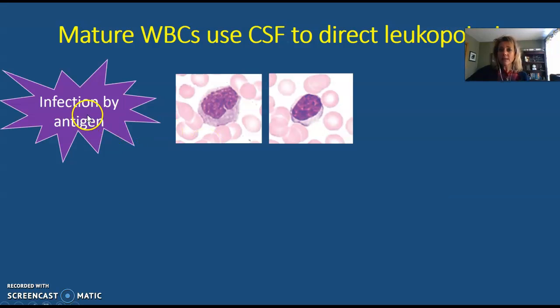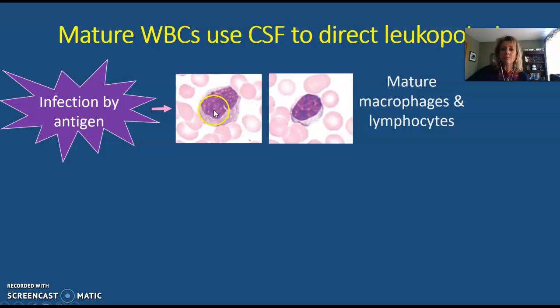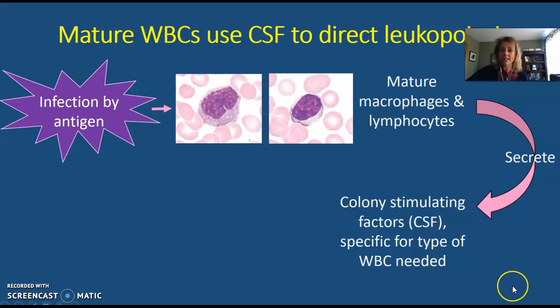But when we get infected by an antigen, that's going to stimulate mature macrophages and lymphocytes to secrete this colony stimulating factor, which is very specific for the type of white blood cell needed. So if this is infection by a bacteria, then the type of cell that is going to be synthesized more and faster would be the neutrophil.